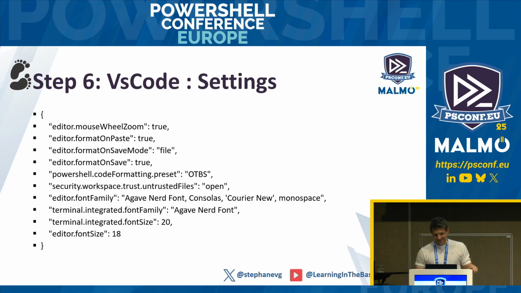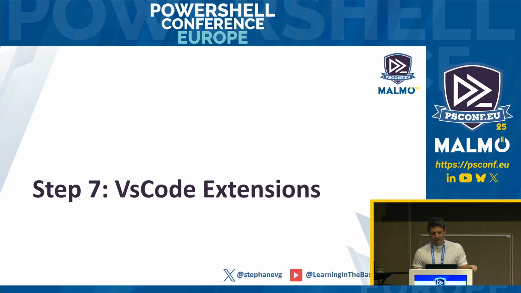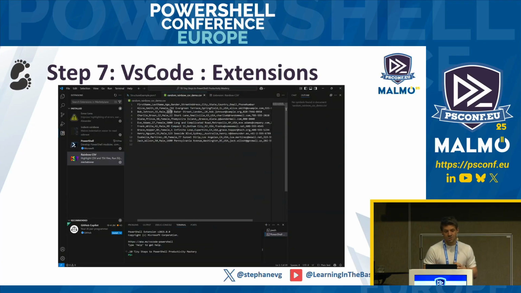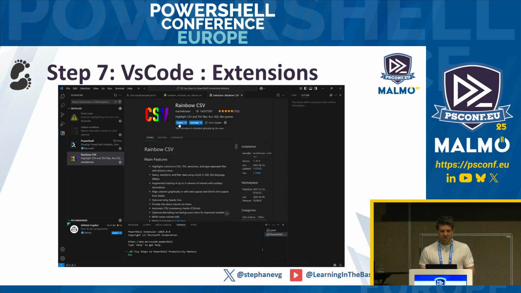Now, VS Code extensions. We know them, we love them. I'm going to show you three that I really love. You probably already know these, but CSV Rainbow is one I really like. Here we have a CSV file, which is very plain, very sad. It's white, and when you look at it, you don't really see the differences.